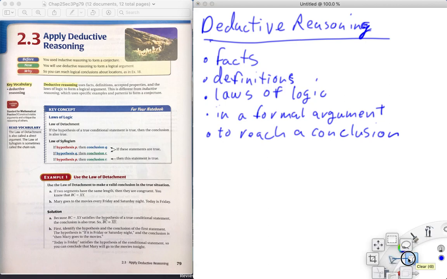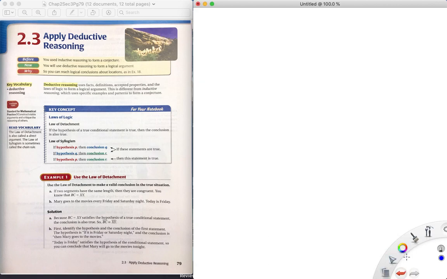Alright, so two laws of logic. The first law of logic that they talk about is the law of detachment.